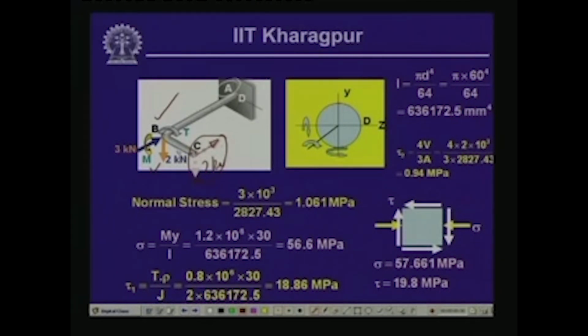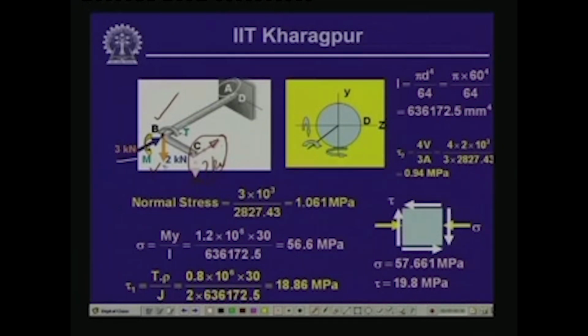So, if we disregard part BC of the bracket, the member AB is subjected to a vertical load of magnitude 2 kilonewton, an axial load of magnitude 3 kilonewton, a twisting moment T at the tip, and a bending moment M at B.